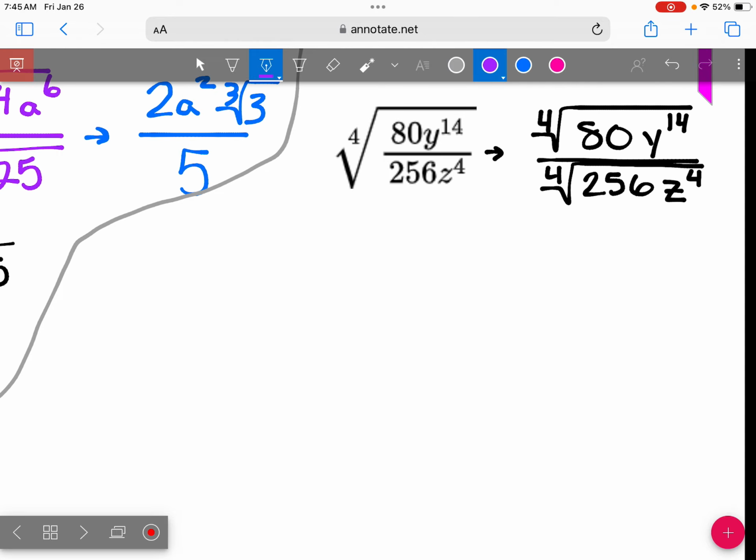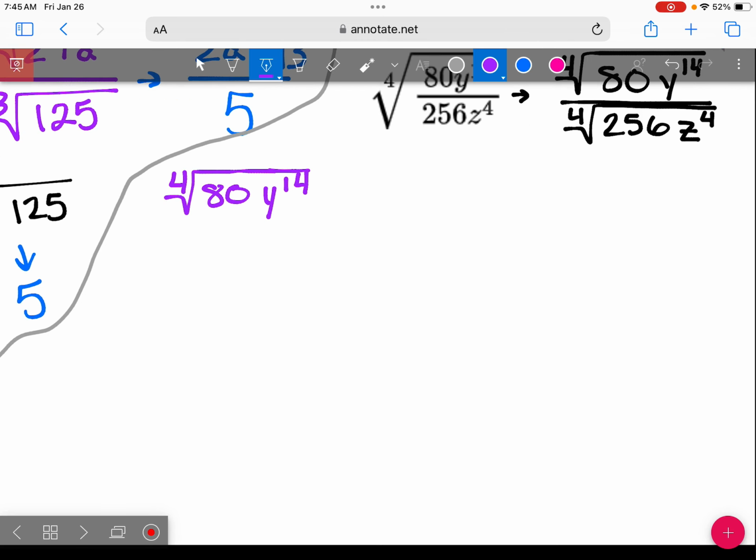We're looking at the 4th root of 80y to the 14th, which we can then split apart. Oh, I did an error there. To be our 4th root of 80 and our 4th root of y to the 14th.